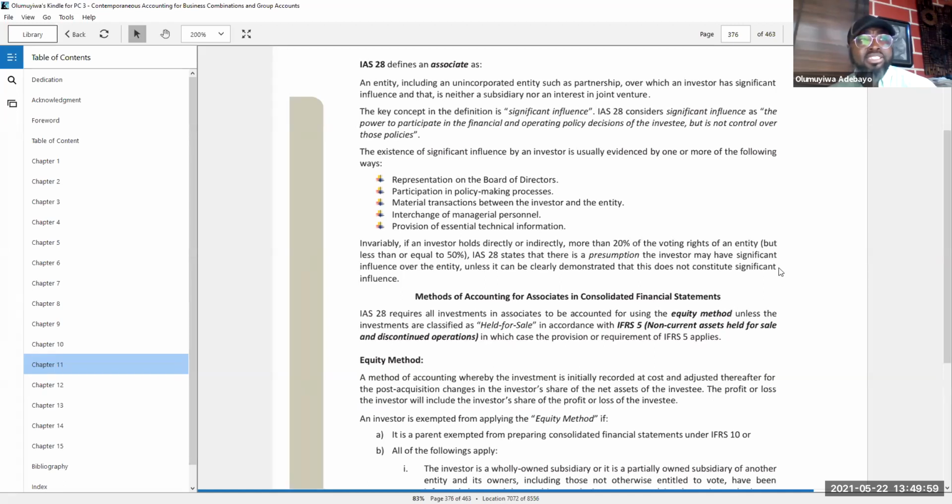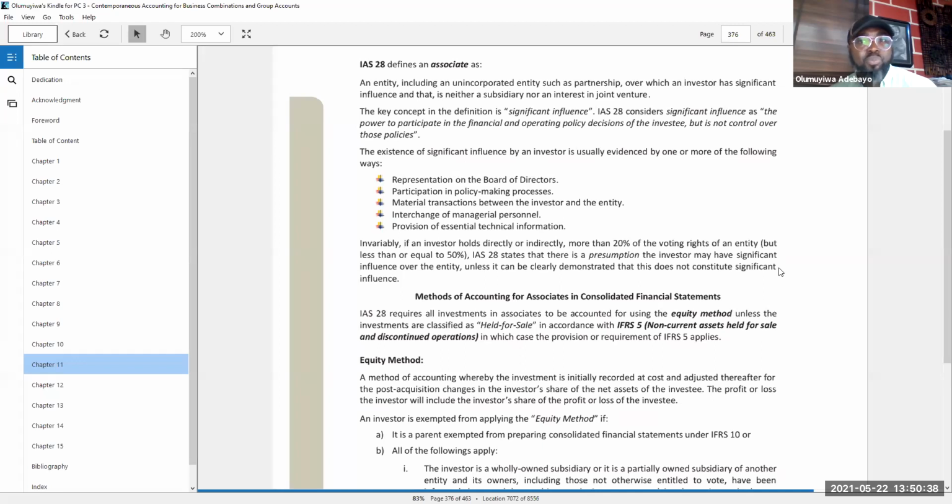Another aspect is if peradventure your stake in that entity qualifies you to nominate key management personnel, such as nominating the CFO, giving slots for CEO, giving slots for CTO, or giving slots for those that might be involved in the day-to-day managerial direction of such an entity, that also may signify that you have a significant influence.